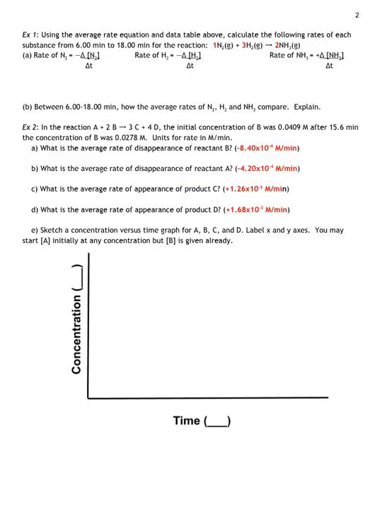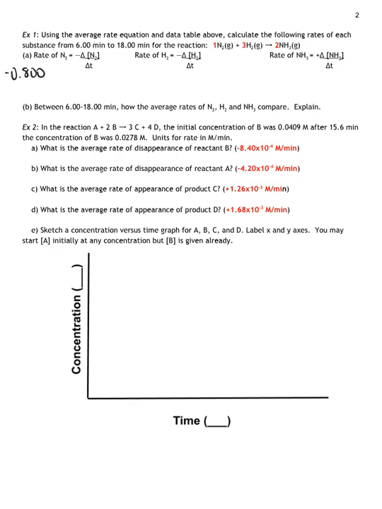So you're going to need the data table from page 1, the previous page, for the reaction between nitrogen and hydrogen to form ammonia. If you look at the data table, you're looking over a span of 6 to 18 minutes. At 18 minutes, the concentration of nitrogen is in fact 0.800 molarity.